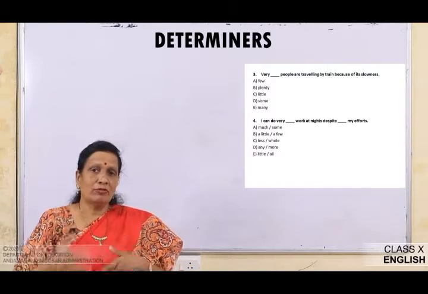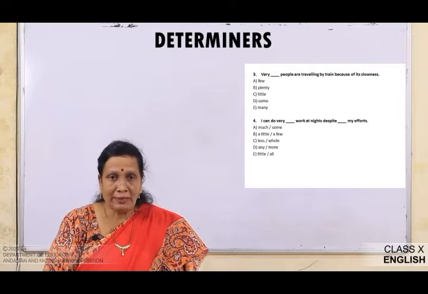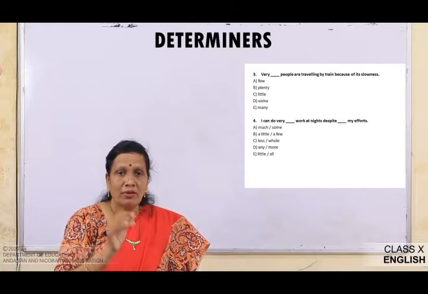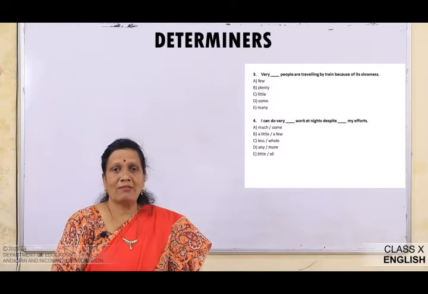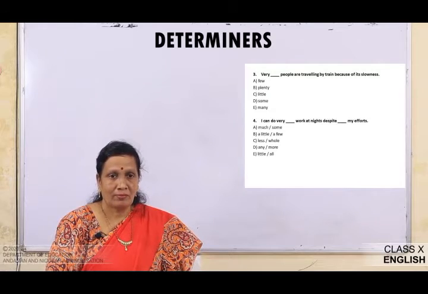So, people prefer travelling by air, so they reach quickly. So, what would be the option here? Very few people are travelling by train because of its slowness.